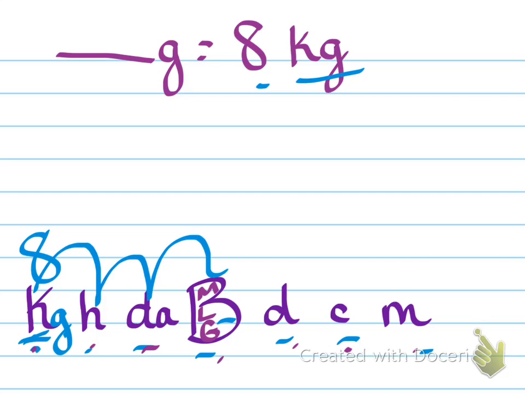That means that you are adding 3 zeros to the 8. Grams is 1,000 times kilograms. So just like it would take 1,000 grams to equal 1 kilogram, it takes 8,000 grams to equal 8 kilograms.